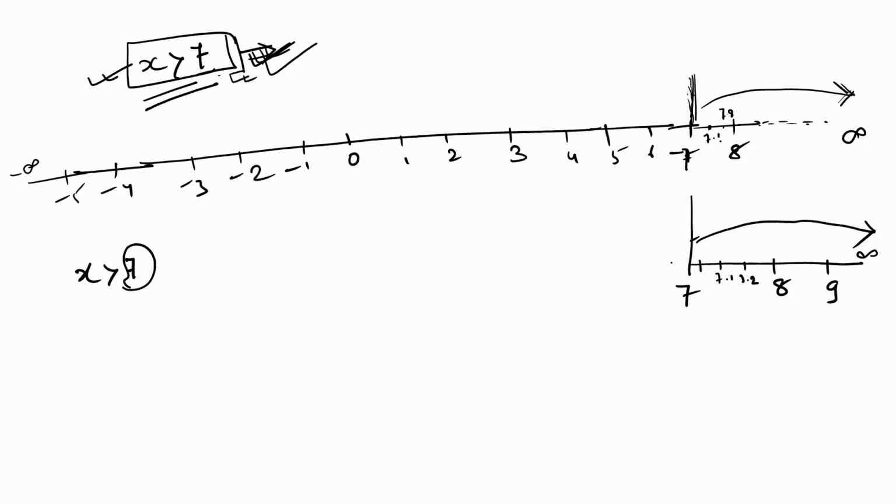The exactly 7 value will not come, right, because we have been asked greater than 7, meaning the value must be bigger than 7, but we cannot take 7. Is it understood? It's greater than 7, so we cannot take 7.